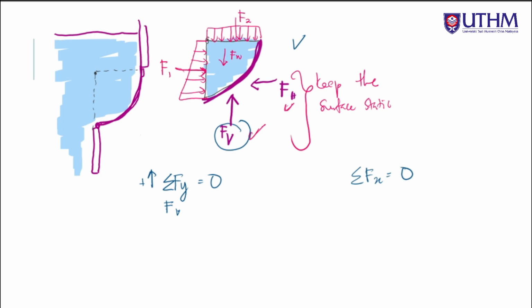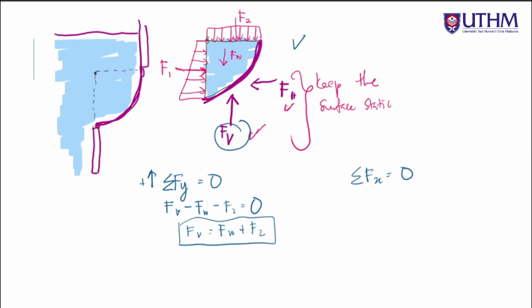positive is balanced by force due to weight, minus FW. Dia minus sebab position dia downward, and also due to F2, so FV minus FW minus F2 equals to 0. So FV equals to FW plus F2. Okay, this is how we can get the value for FV.